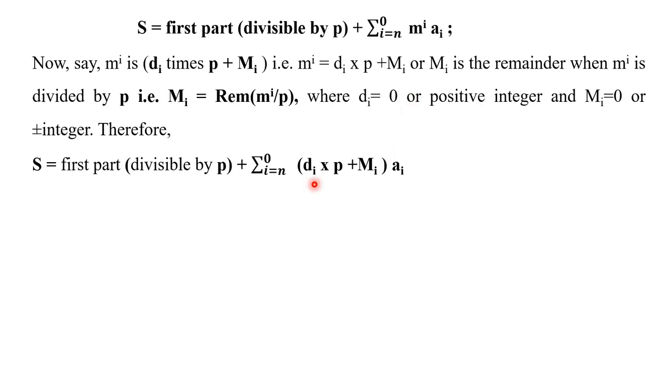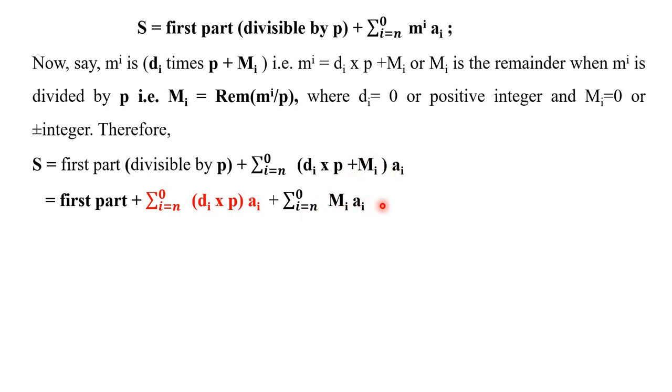Okay. So two terms are there. So again we can separate these two terms like this. The first part is the sum over i from 0 to n of d_i p a_i, and the last part is the sum over 0 to n of m_i a_i.